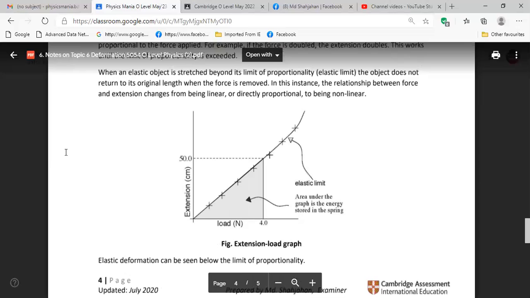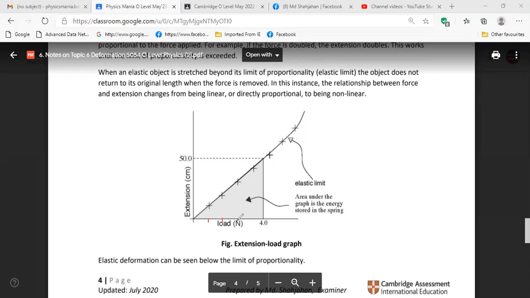Okay, so here you go. Here is the extension load graph. You see, we have values here, though we did not mark all the values. For example, if it is 100 gram, then it is 1 Newton, right?